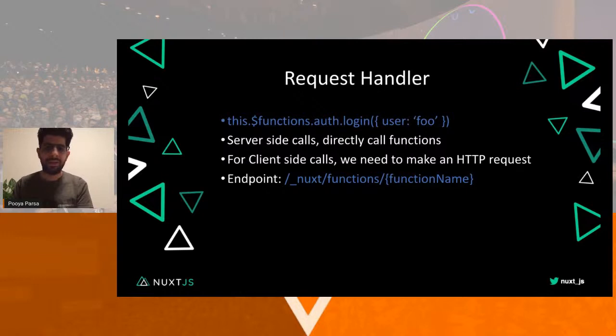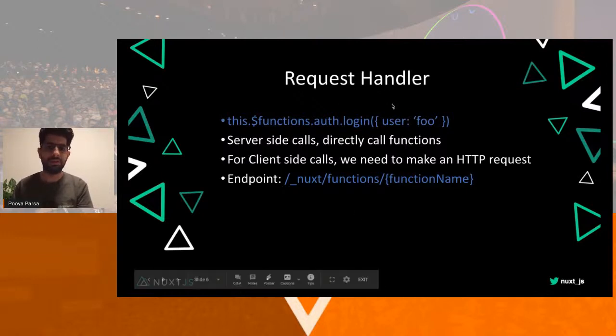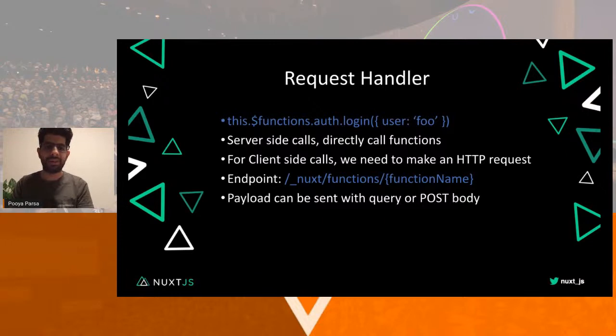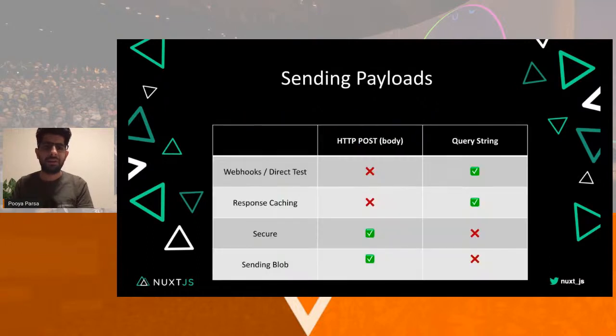And you also need to pass the arguments you are calling this function with, the user object, to the payload. So we have two options for sending the payload, which is using query parameters or HTTP post, each of which has its own cons and pros.